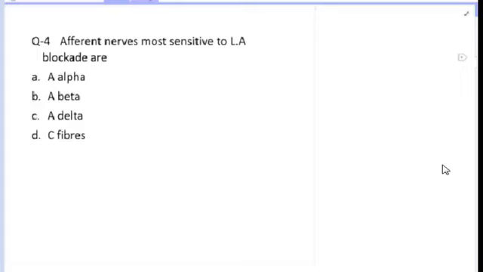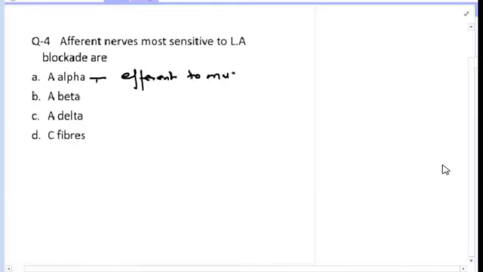Now A fibers are again divided into 4 types. A alpha. Now A alpha fibers, they are efferent to muscles, and they basically mediate the motor function.